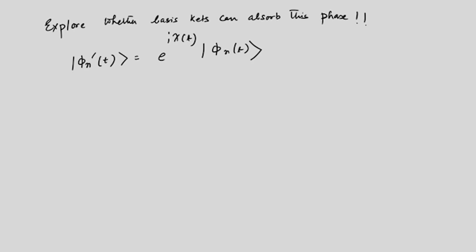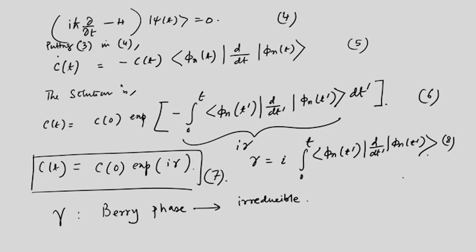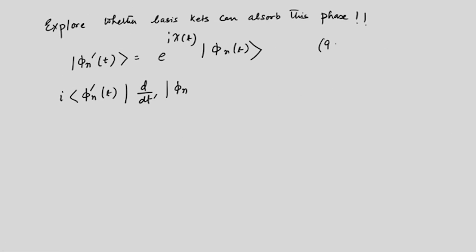So, if you do that, then i phi n prime t d dt phi n prime, which is there inside the phase in the definition of gamma, let us call this equation 9. So, phi n prime t, this is equal to i phi n of t d dt of phi n of t.